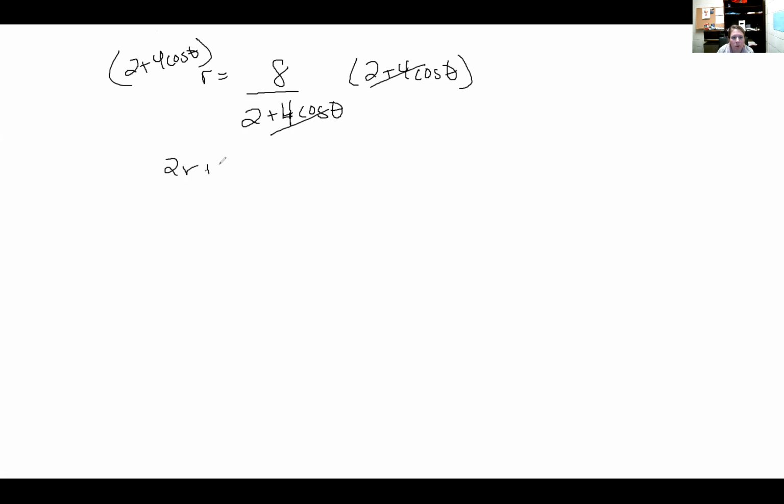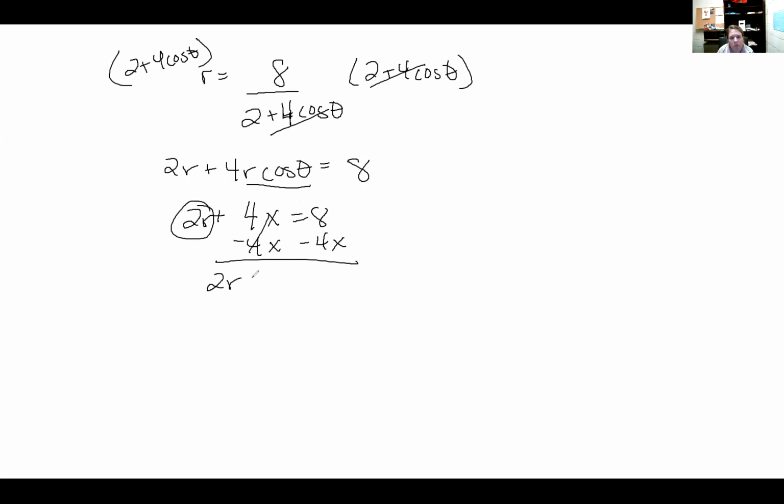So it's 2r plus 4r cosine of theta equals 8. And again, what is r cosine of theta? It's going to be x, so this will be 4x plus 2r equals 8. I want to get this by itself, so I'm going to move this over. So we're left with 2r equals 8 minus 4x.